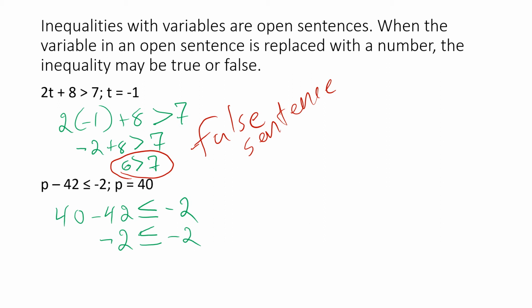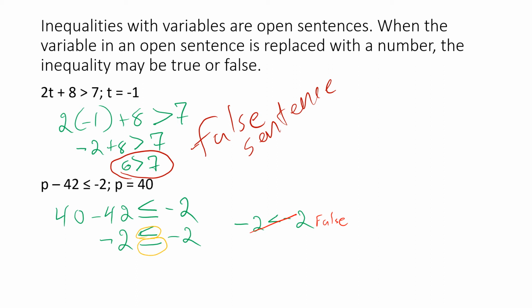Again, the meaning of this is, right, -2 is not less than -2. That part is false. But because we have two components here, we have the less than component, and we also have the equal component. There's two options here.